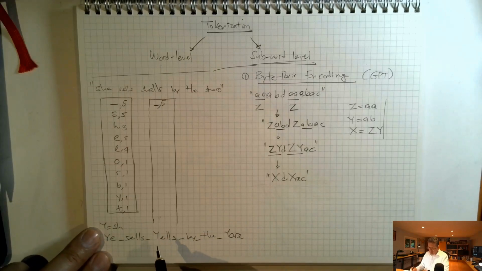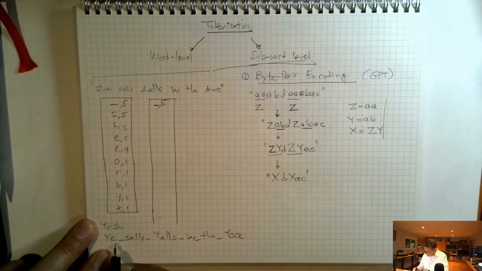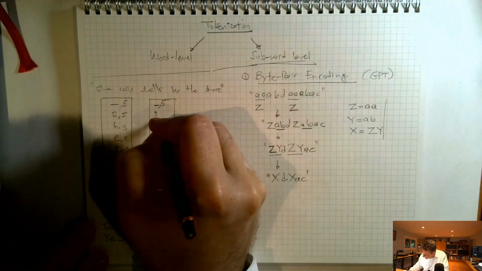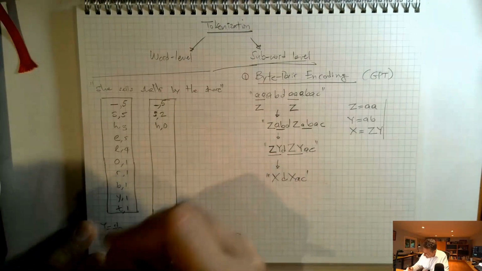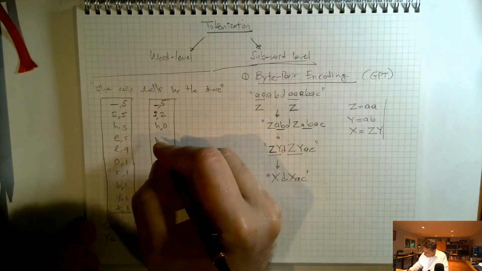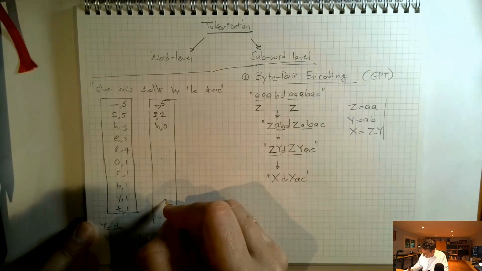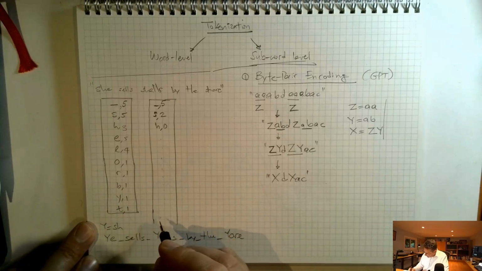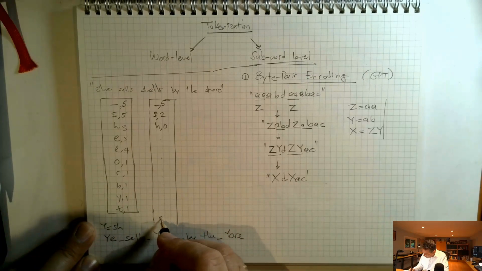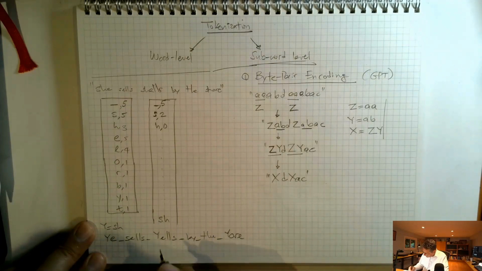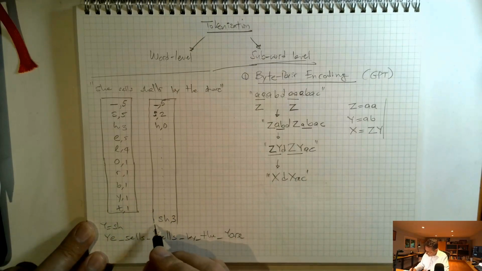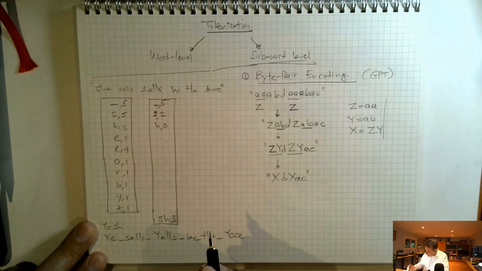The S's have now been reduced to 2 over here and over here. So S is 2. H's are 0, and all the other elements are intact, except that now we have a new token, the SH, with frequency 3. Okay, so this is the second iteration.